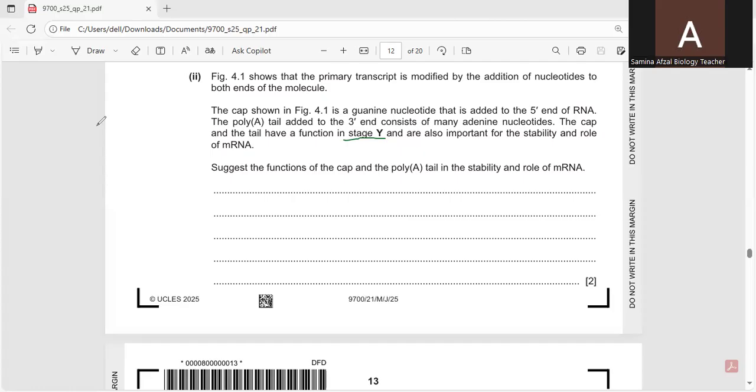I would like to tell you that both the cap and the poly adenine tail are crucial for the messenger RNA to be successfully translated into a protein. They protect the messenger RNA from being broken down by endonuclease enzymes that degrade nucleic acid. The cap acts as a recognition signal for the ribosome to bind to the messenger RNA, initiating translation.